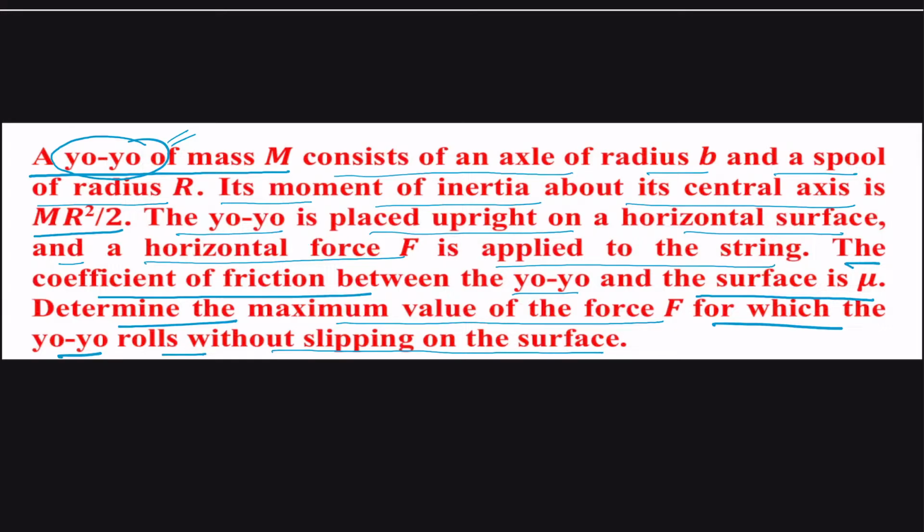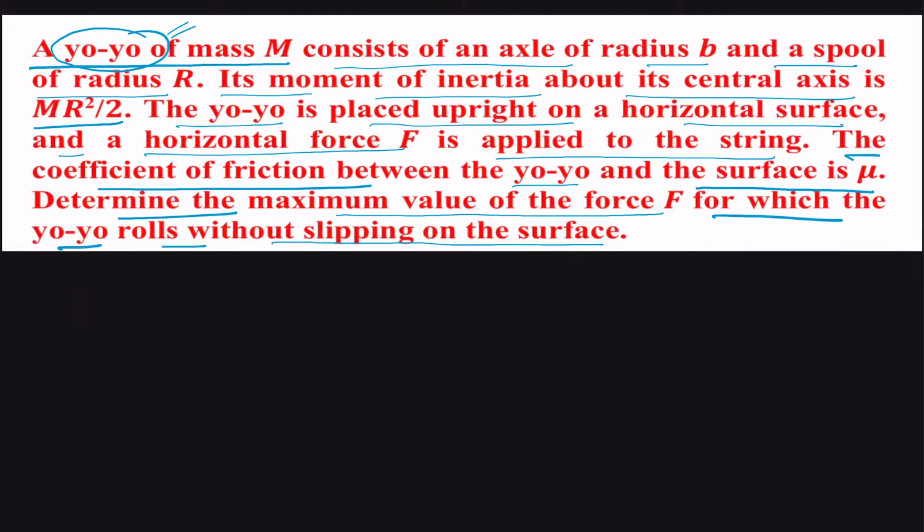So based on this, we can just draw its basic figure. We are given a yo-yo. It means there will be an outer part and an inner part, and the inner part is somewhat acting like an axle, on which this outer part is going to rotate.